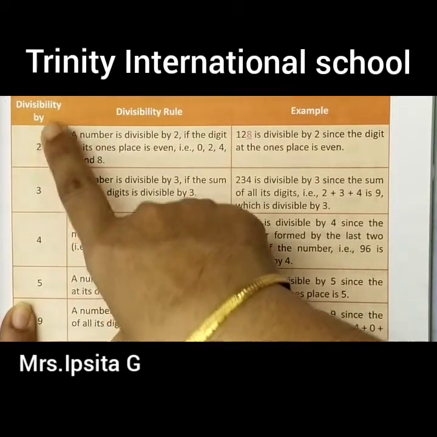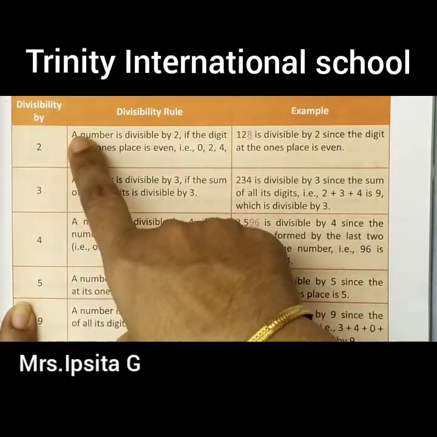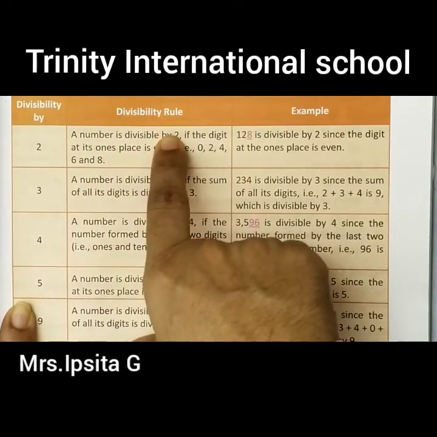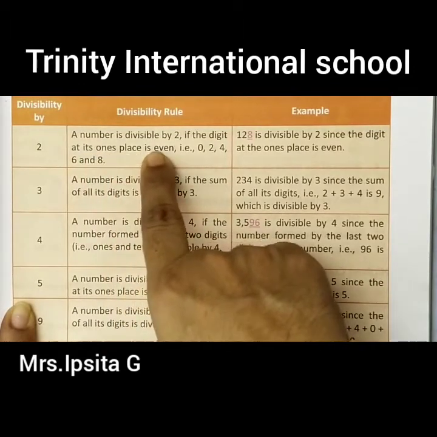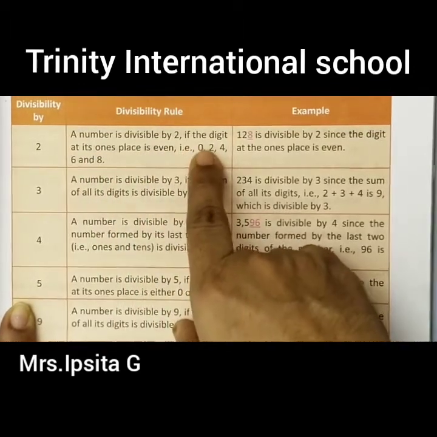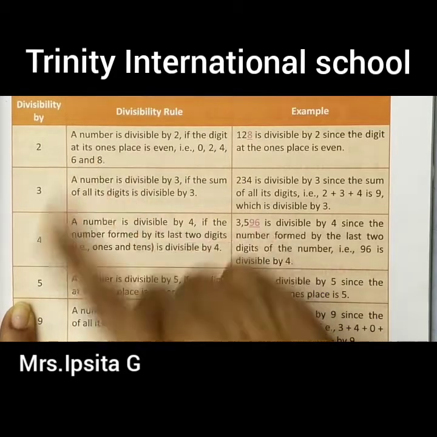यहाँ पर देखिए, divisibility by 2. A number is divisible by 2 if the digit at its ones place is even, that is 0, 2, 4, 6 and 8.